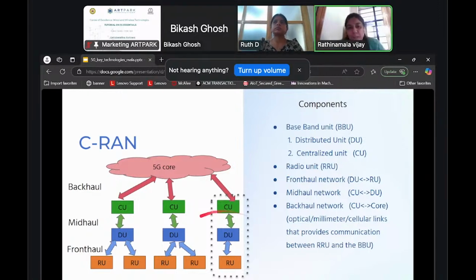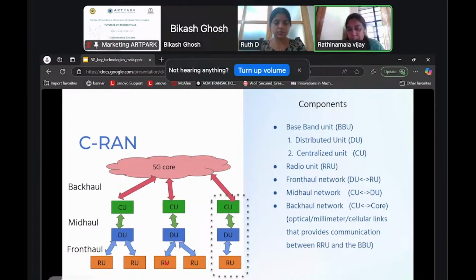Okay. So in your case, I would say that, in order to reduce the cost, one DU can support multiple RUs. So such is the case according to your application.